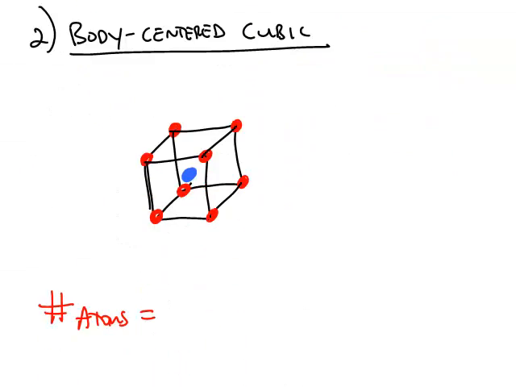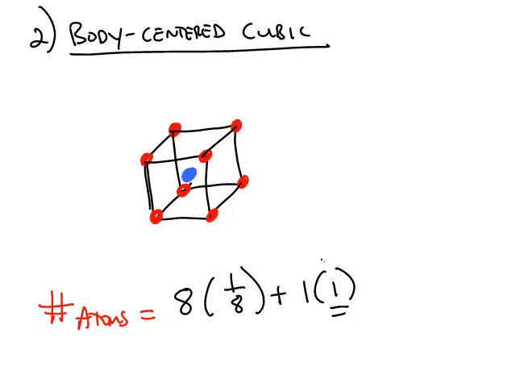Body-centered cubic looks similar to simple cubic. We have the 8 corners with atoms, but then we have an additional atom located directly in the center of the unit cell. So we still have 8 on the corners, each one is 1/8 in that unit cell, and then we have 1 atom in the center, and that's wholly within that one unit cell, because being right in the middle of this cube, it doesn't matter how many other cubes we stack on the left or the right or the top or the bottom, no other unit cell touches that one.